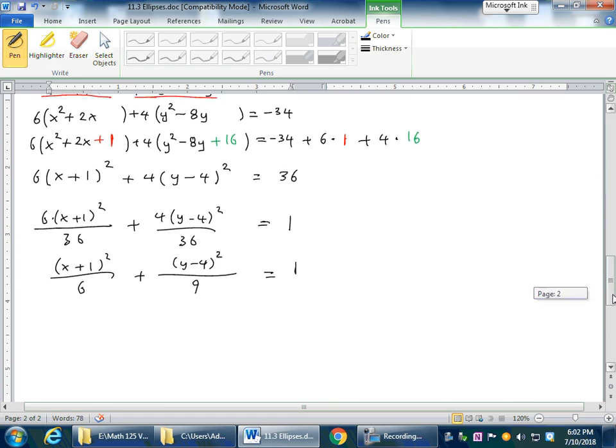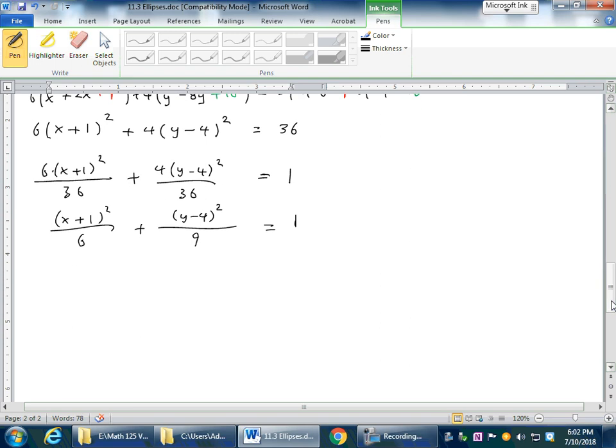So now from here we can see that it will be x minus a negative 1 squared over square root of 6 squared, because square root of 6 squared, when you square and square root, it cancels out, right? Plus y minus 4 squared over 3 squared equal to 1.